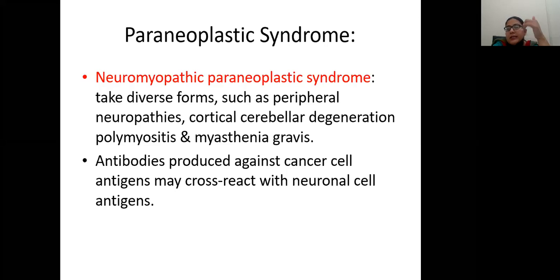The best example is Cushing syndrome from a small cell carcinoma of the lung. Then we discussed hypercalcemia. Now, the neuromyopathic paraneoplastic syndrome takes diverse forms such as peripheral neuropathy, cortical cerebellar degeneration, polymyositis, and myasthenia gravis. Antibodies produced against cancer cell antigens may cross-react with neuronal cell antigens.